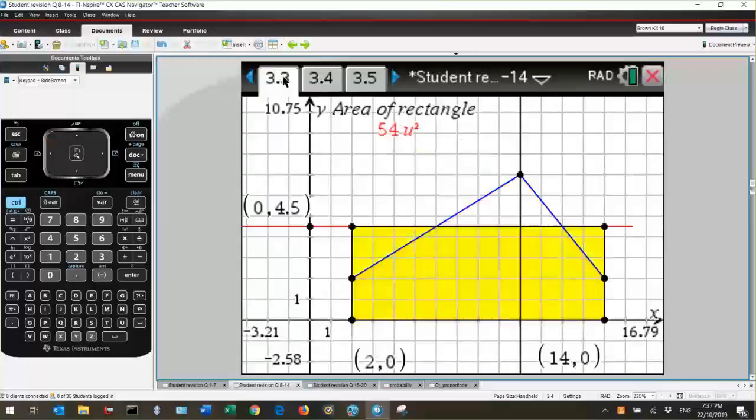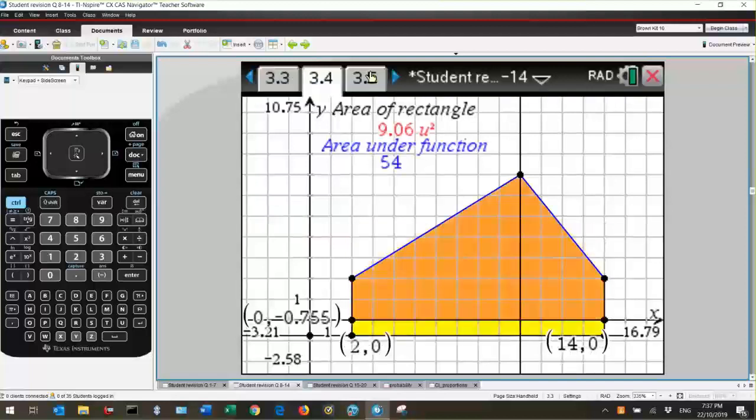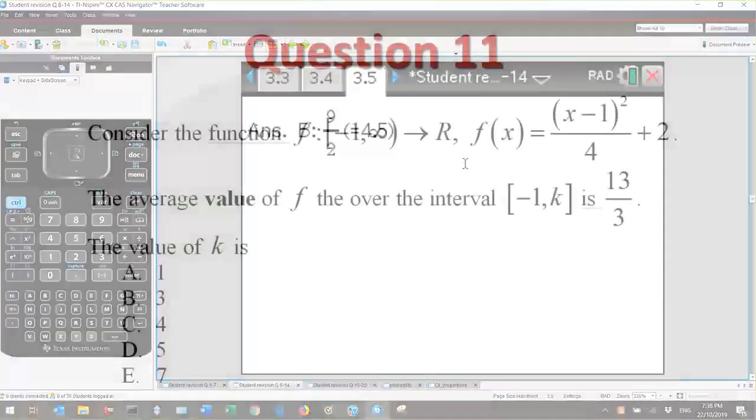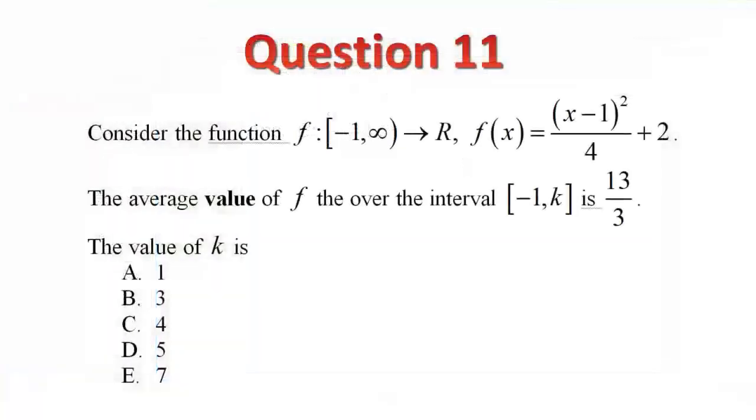Going back here, the yellow area is 54. So you're trying to equate those two areas, trying to make a rectangle. So what height would you need for those to be the same? Okay, so in this case, the answer is 4.5, or answer B, 9/2. So that's a conceptual question. Did you understand the idea, where it comes from?